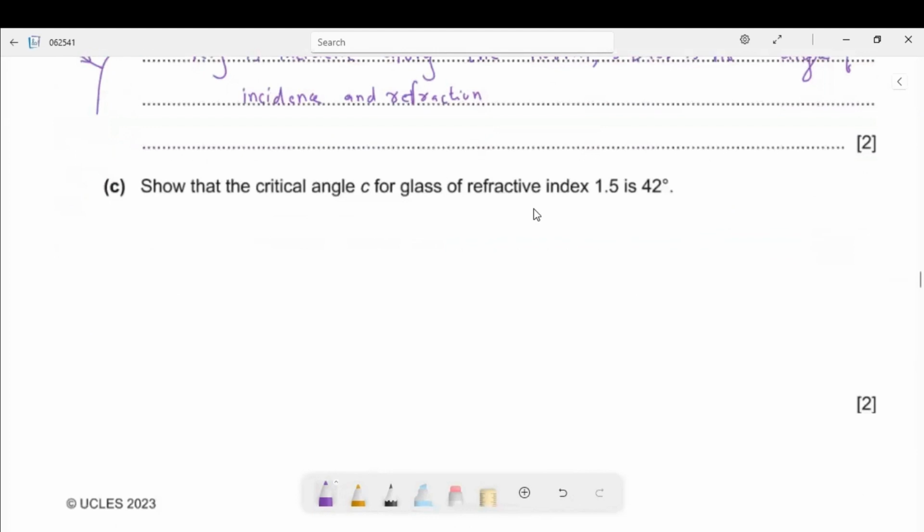Show that the critical angle C for the glass of refractive index 1.5 is 42 degrees. Critical angle can be written as C equals sine inverse 1 by refractive index. So that can be written as sine inverse 1 divided by 1.5, which means sine inverse of 0.666.